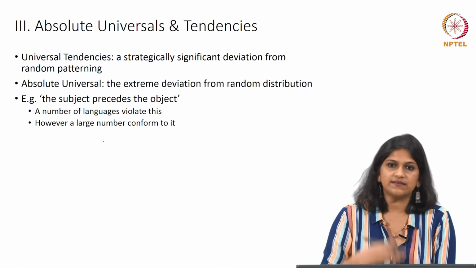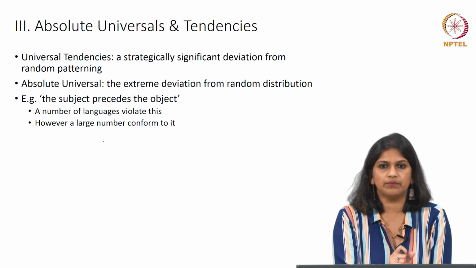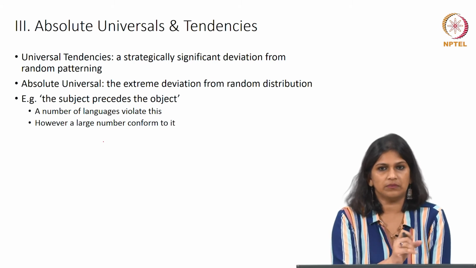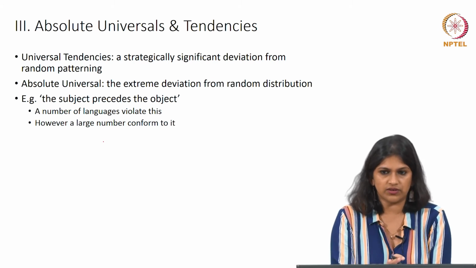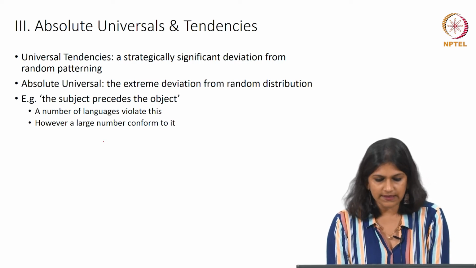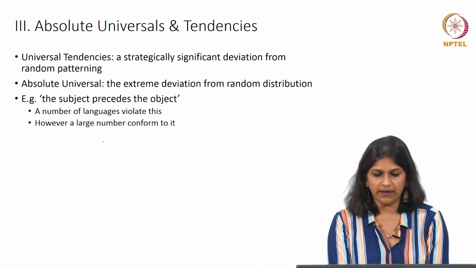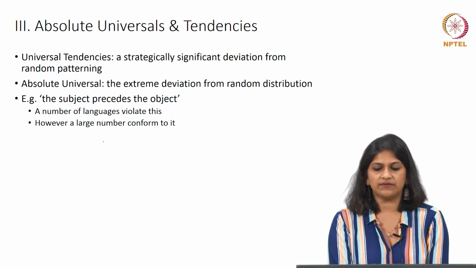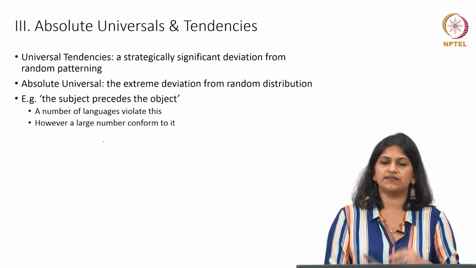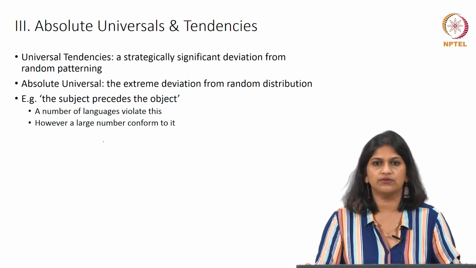So, that means there are certain things which are exclusively available with natural languages, or in the domain of natural languages. So, what is this? An example of an absolute universal would be, that is an extreme deviation from the random distribution. So, that there is no randomness associated with absolute universals.